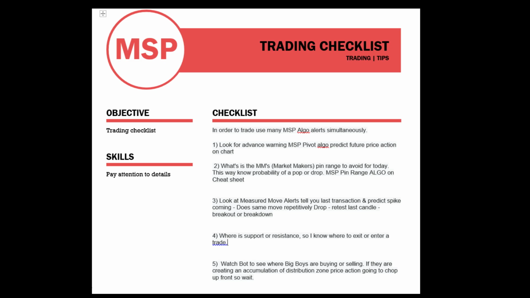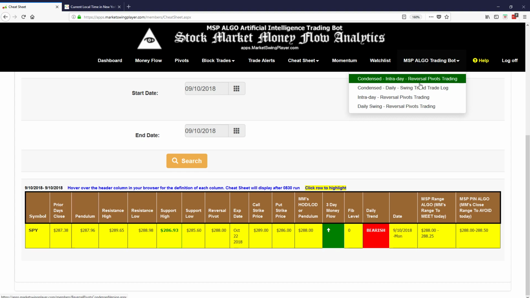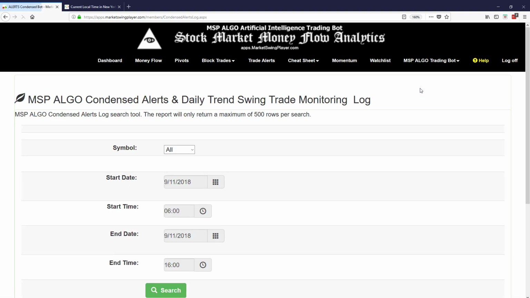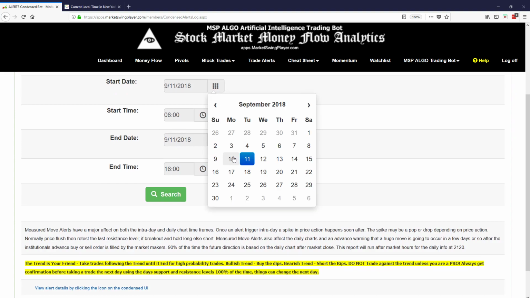Okay, so let's look at that. So we're going to go back to the app and we're going to look for some measure move alerts, right? So we got SPY. You want to go to yesterday.